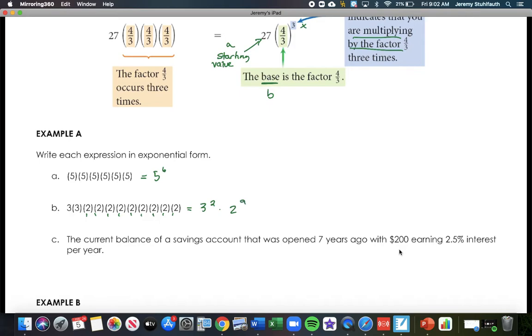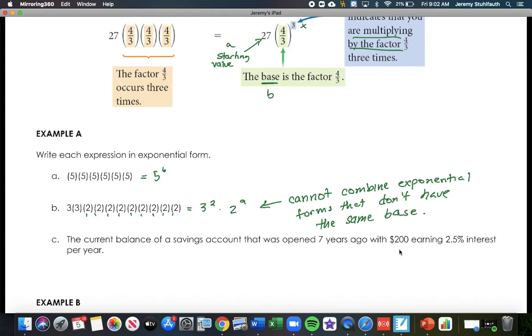You cannot combine these. You can't write this as one exponential form because you cannot combine exponential forms that don't have the same base.